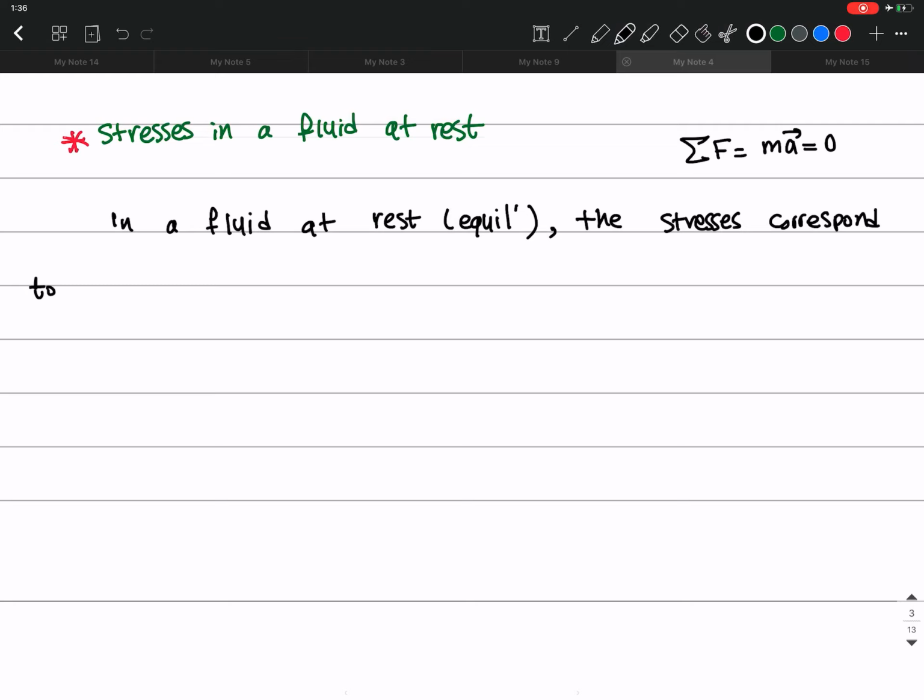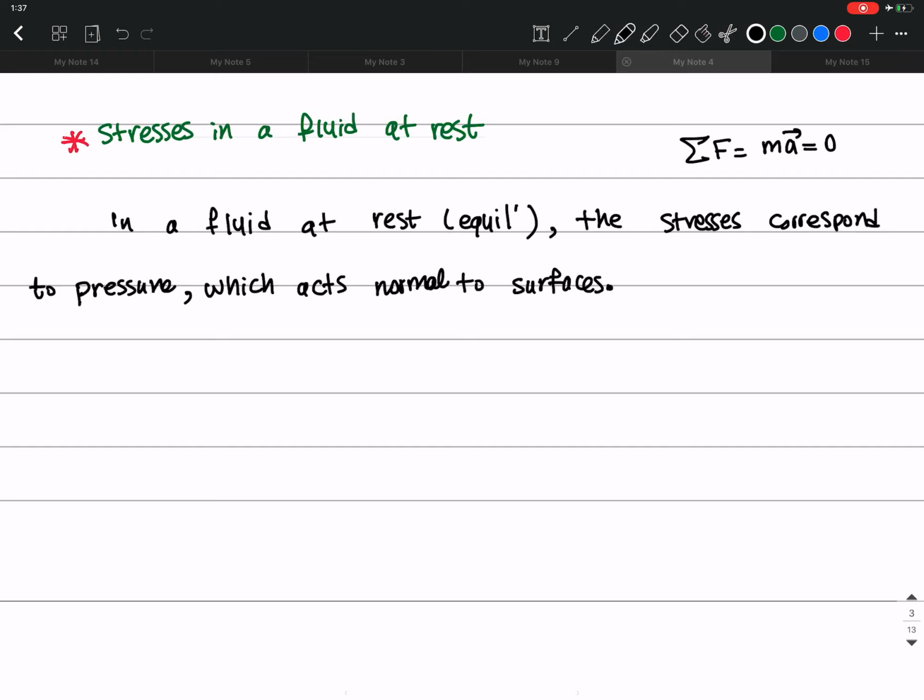So the stresses correspond to pressure in a fluid at rest, which acts normal to surfaces, right? It acts on the surfaces, but it's normal to the surfaces, any surface that you get. Okay?